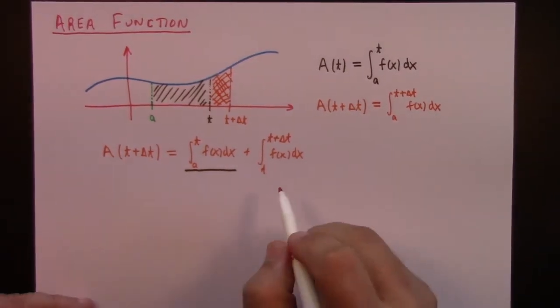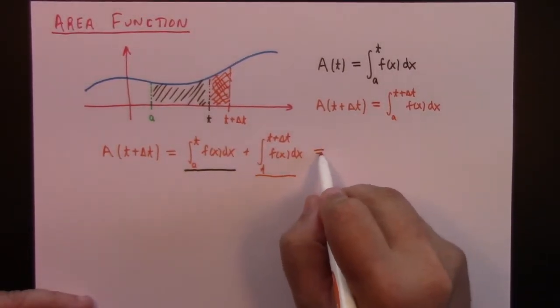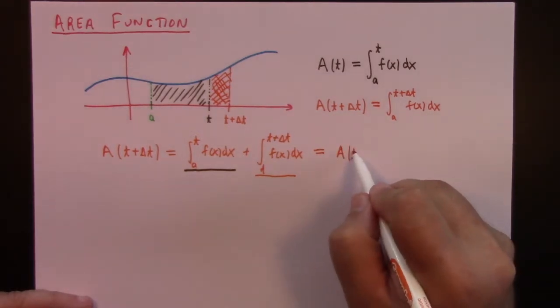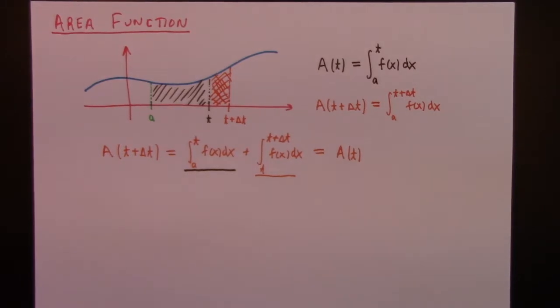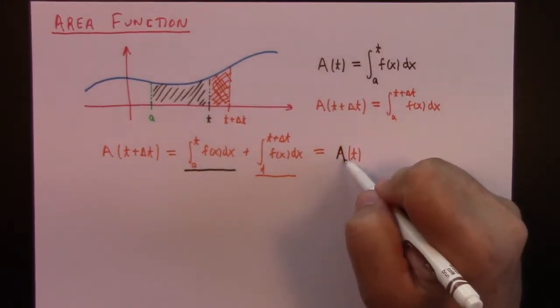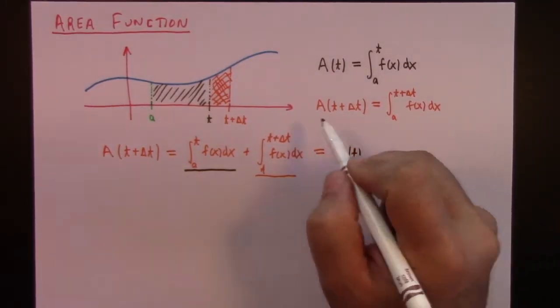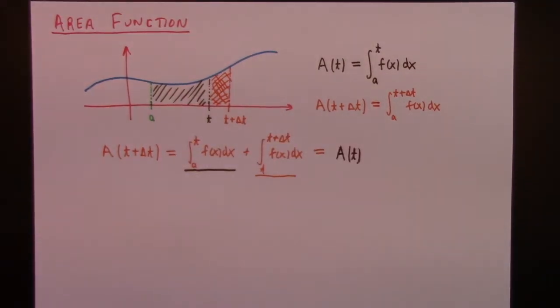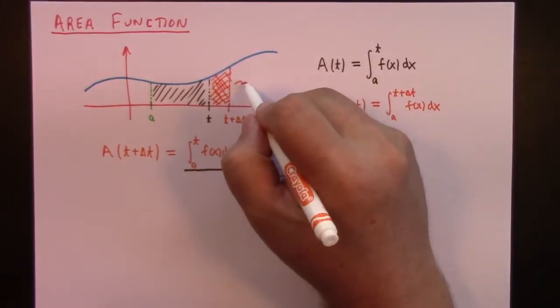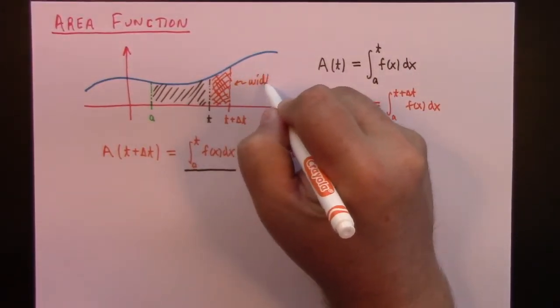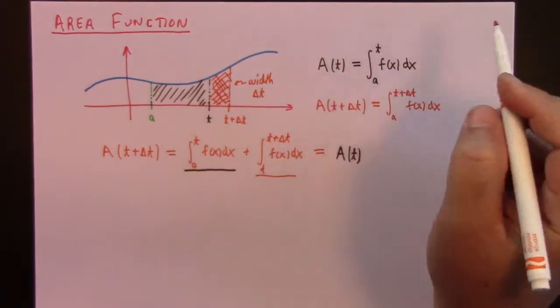Now, as I've defined it, this is equal to A of t, right, this piece, and then plus the orange part. Well, what is that? The width of this is delta t. What's the height of it?